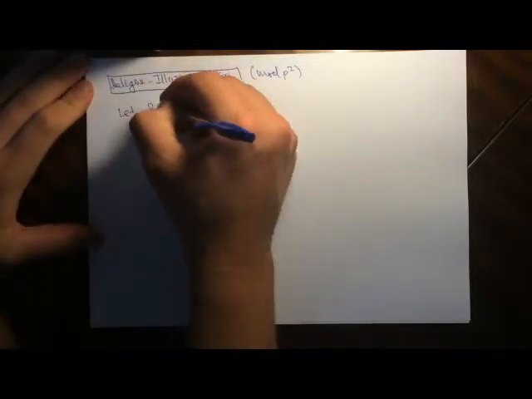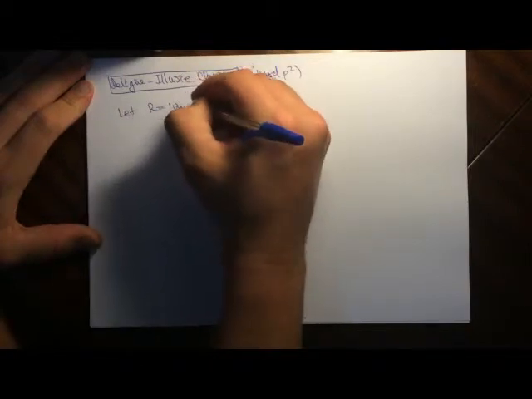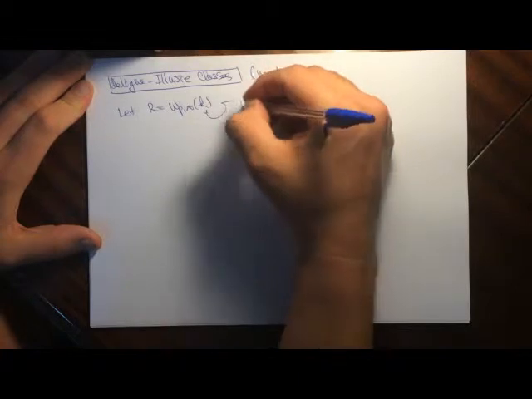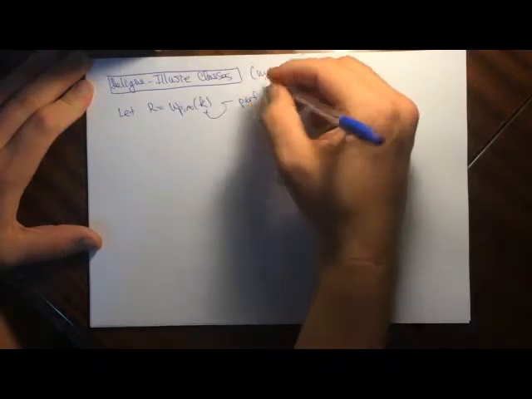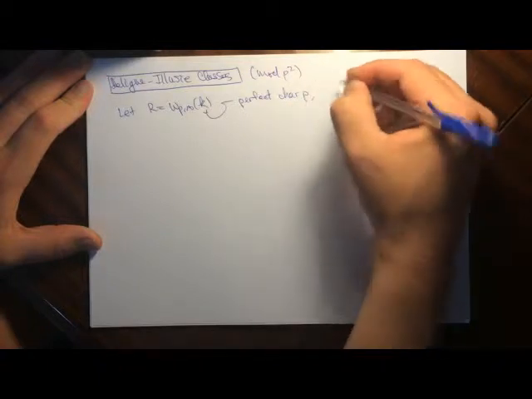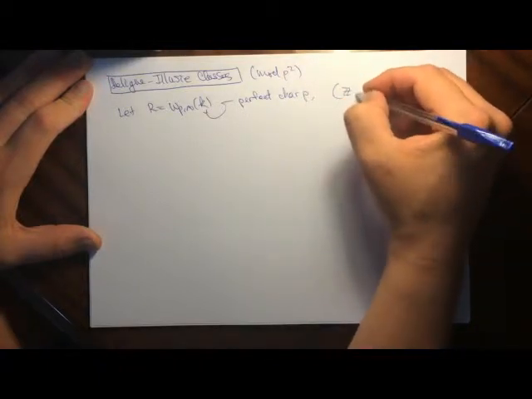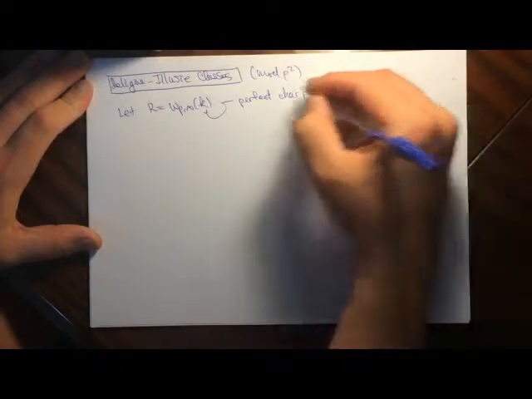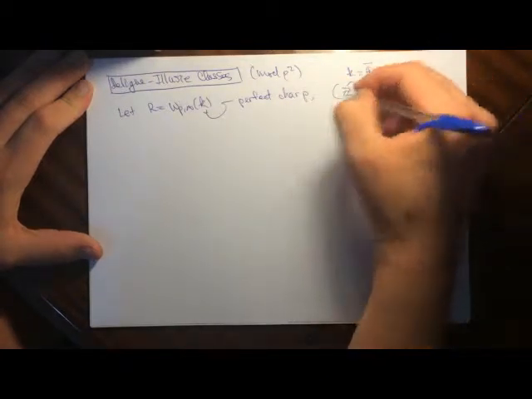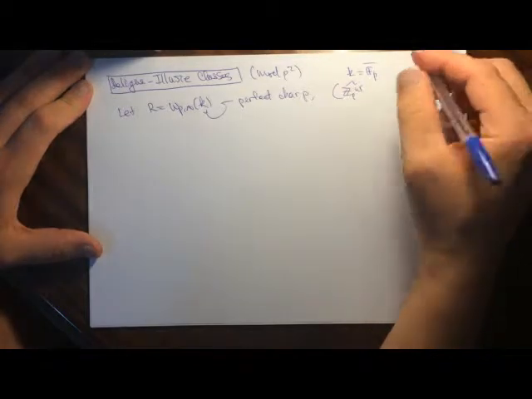Let R be the p-typical Witt vectors of, so let's say this is a perfect field of characteristic p. So when k is equal to F_p bar, this ring is isomorphic to Z_p unramified completed.